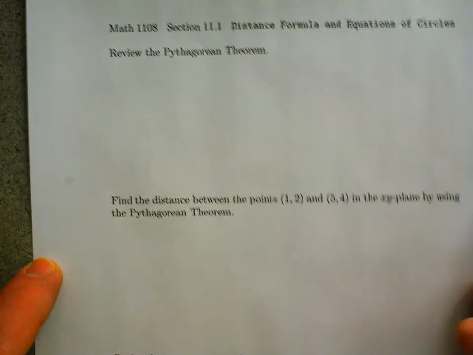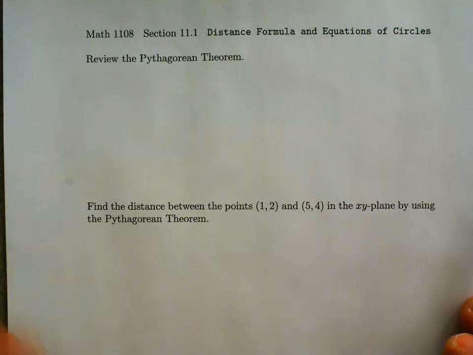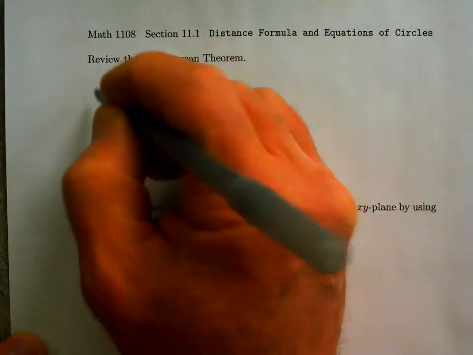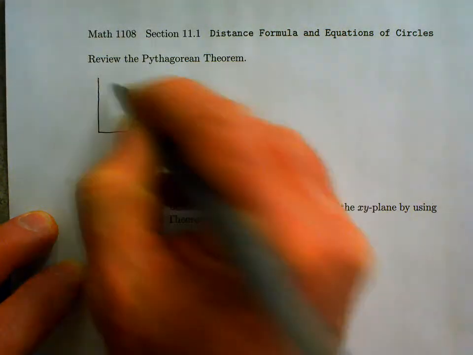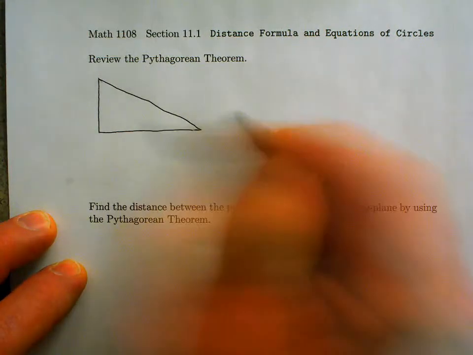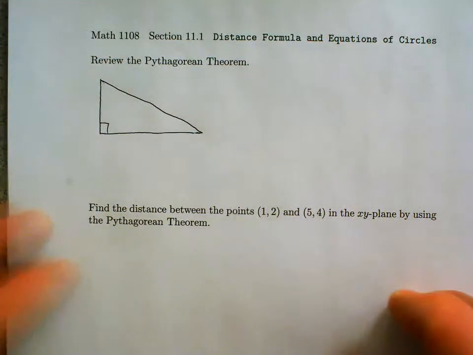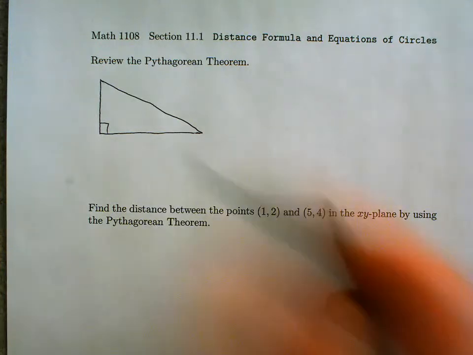So first, we'll review the Pythagorean Theorem. The Pythagorean Theorem has to do with right triangles. So any triangle with a 90-degree angle is a right triangle.